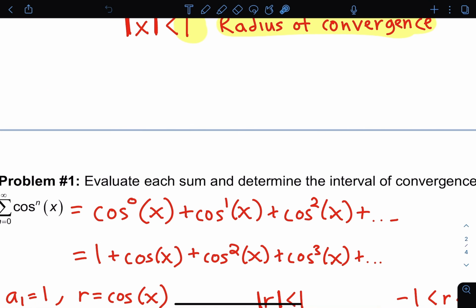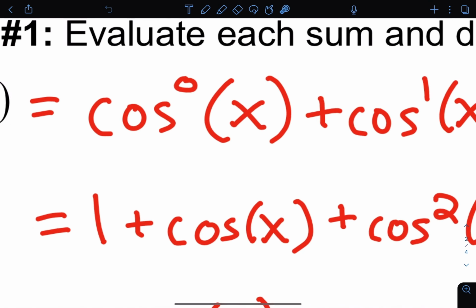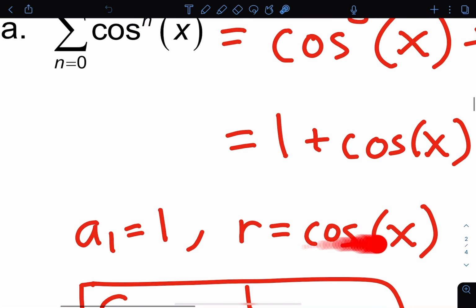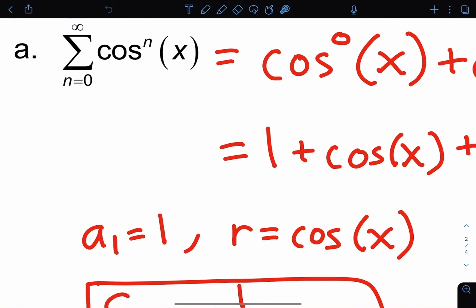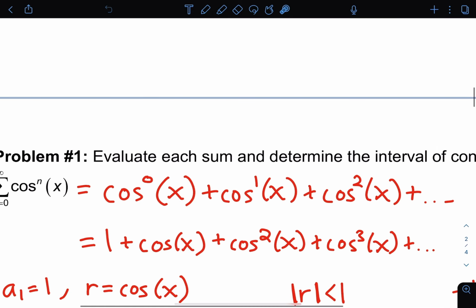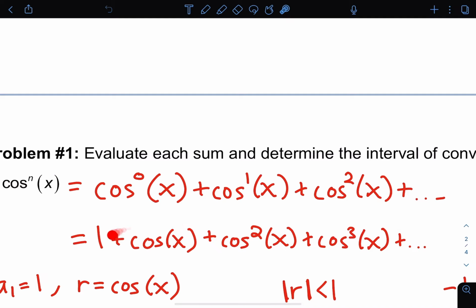So we are starting with 1, and we are multiplying each successive term by cosine. So a sub 1 is 1, r is cosine of x. So what is the sum of this infinite geometric sequence? It is 1 over 1 minus our r value. A sub 1 is 1, r is cosine of x. So that would be the sum of all of these powers of cosine.